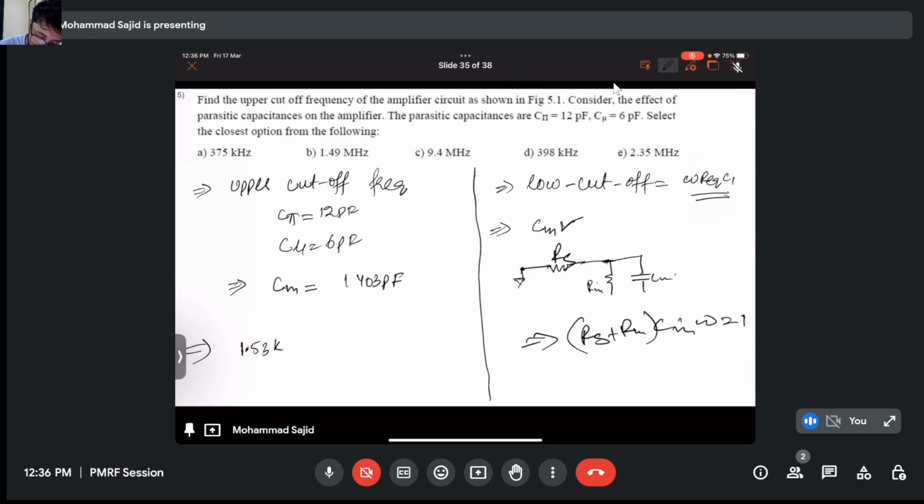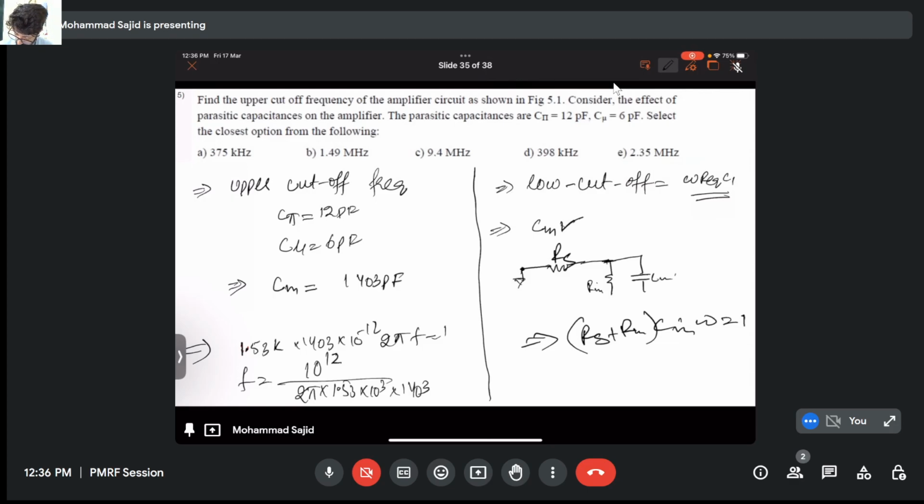C input is 1403 into 10 to the power minus 12. 2 pi f is equal to 1. So f will be equivalent to 10 to the power 12 divided by 2 pi into 1.53 into 10 to the power 3 into 1403. So let me just show it.